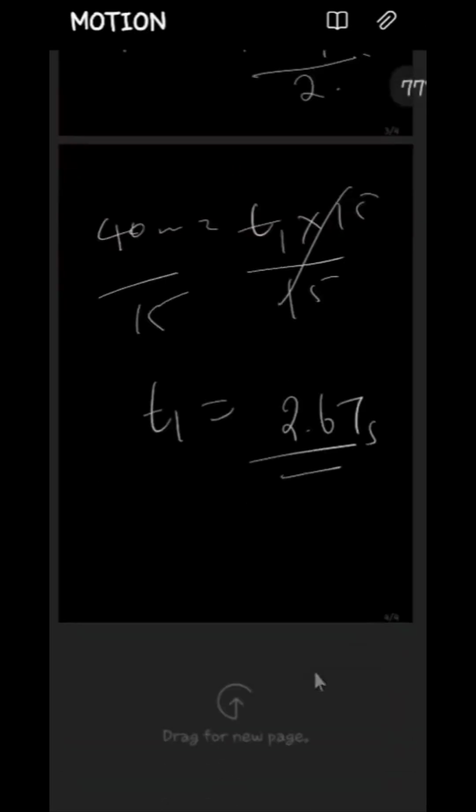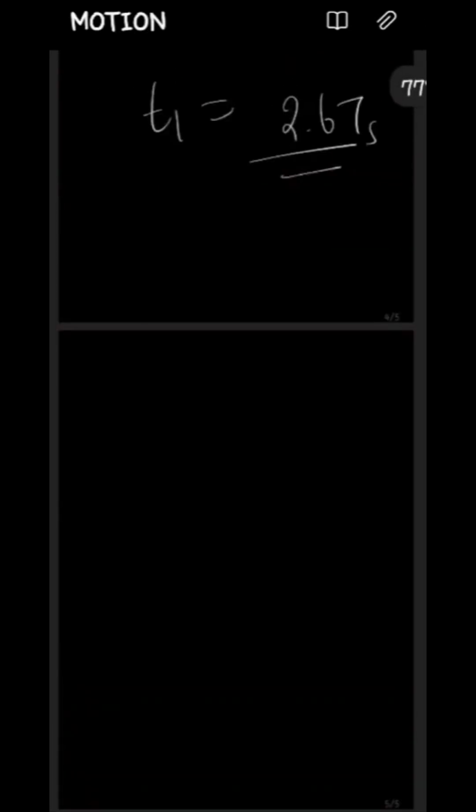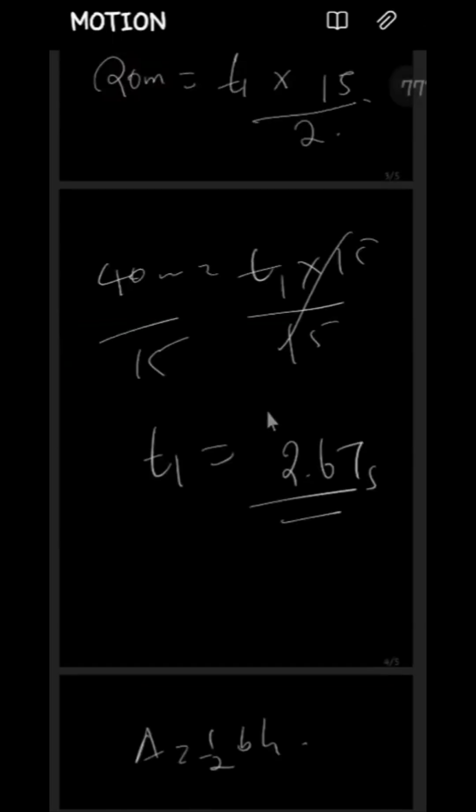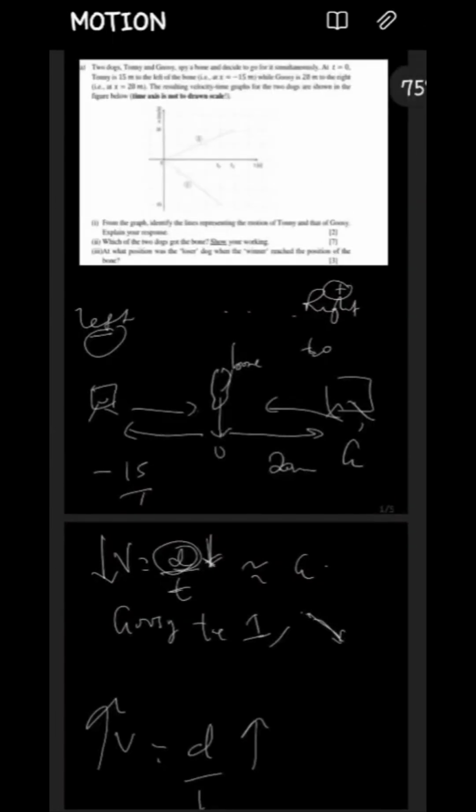Again we do the same for Tony. Area is equal to half b h, and our area, which denotes the distance, is 15, our base is going to be t2, which is the time, and our height is going to be 10.